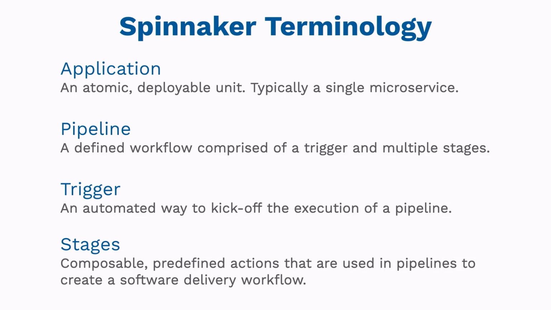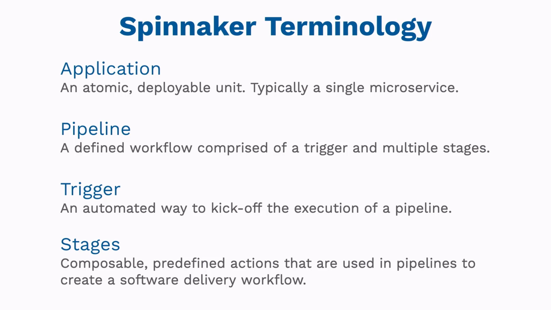A pipeline is a workflow of triggers, one or multiple triggers, and multiple stages, right? Again, defining that workflow from beginning to end. A trigger is an automated way to kick off the pipeline. So think of something like Git, or you push a Docker image, or even you push a message into a PubSub queue.